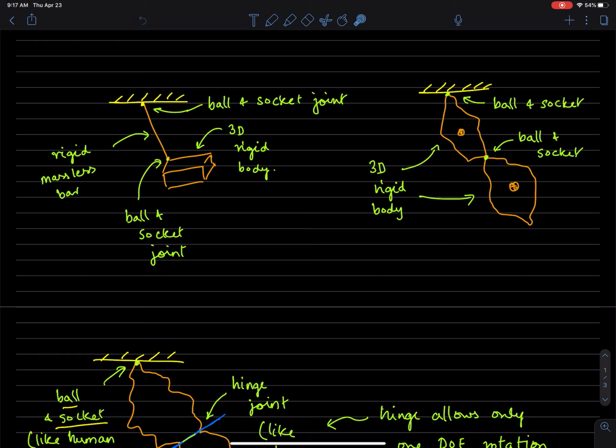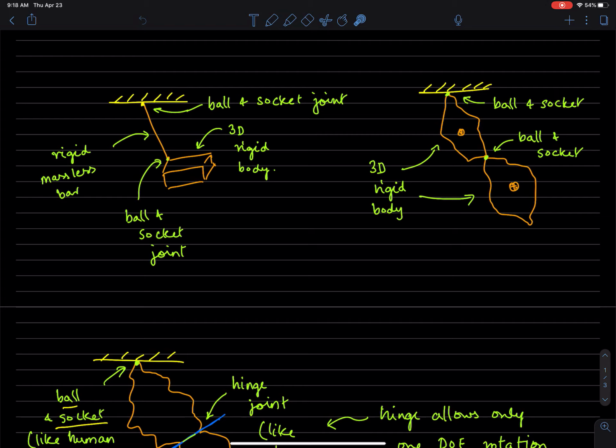Similarly, these two objects can rotate relative to each other however they want about this point, but this point itself is coincident between these two rigid bodies. So that's another kind of pendulum.